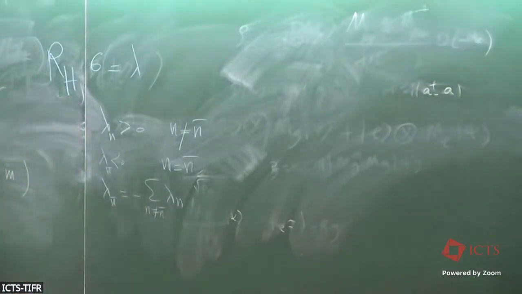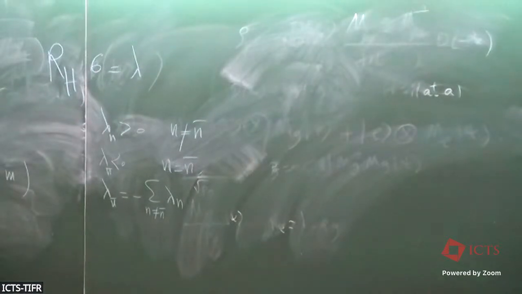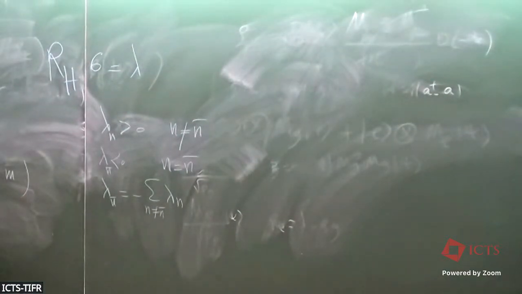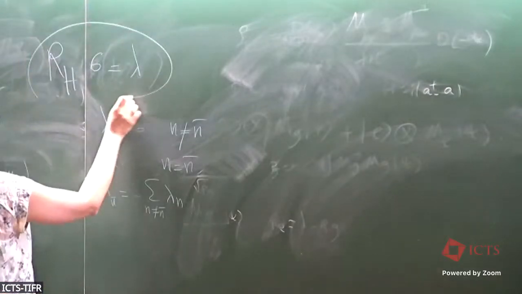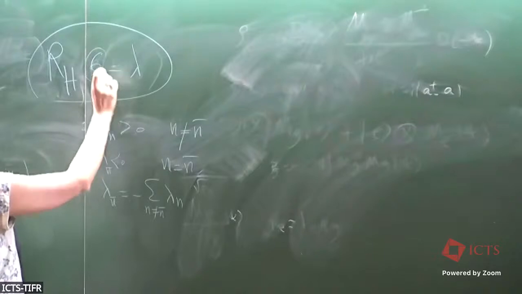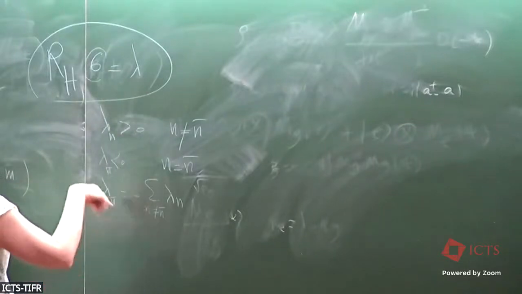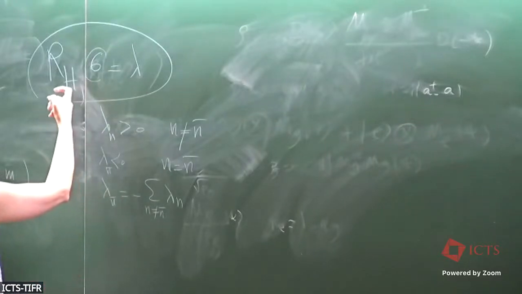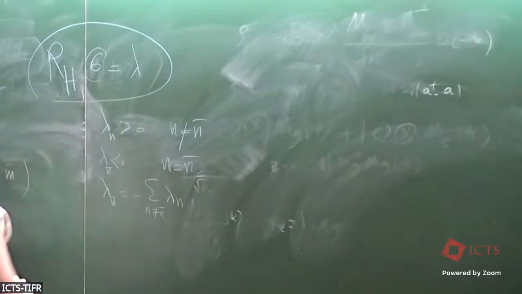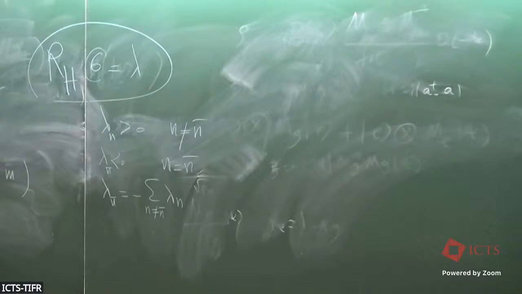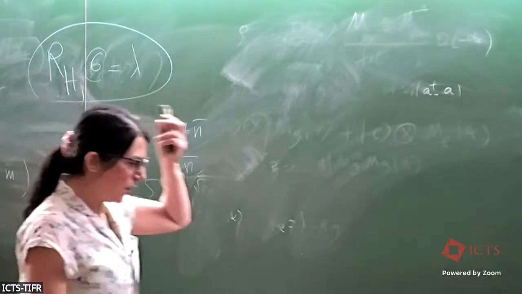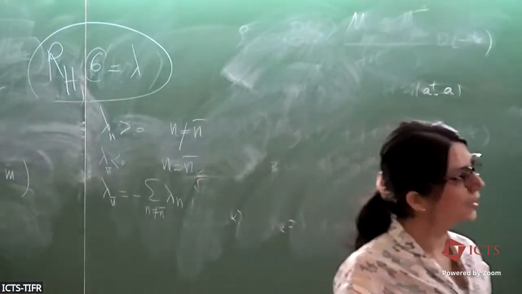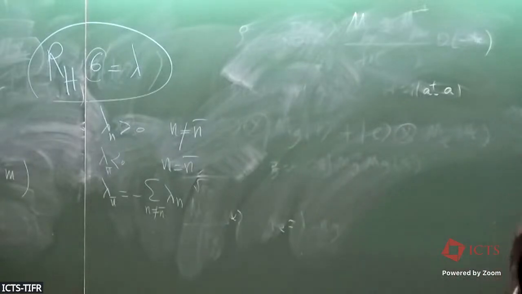Then you can show that there exists always a sigma. Here we use graph theory. For a Laplacian matrix, if you fix your lambda like this, there exists always a sigma such that it verifies this condition. Okay.